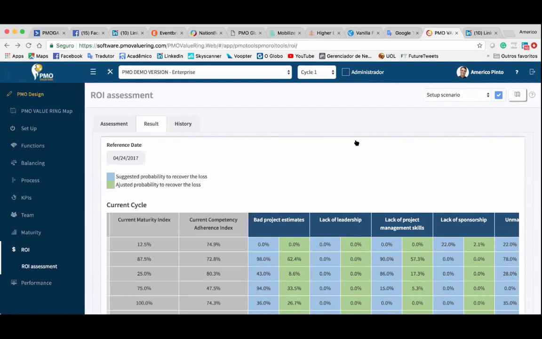Mohammed, can you repeat the definition of strategic compared to tactical? Yes, strategic functions are every function related to some strategic aspect, for example, portfolio or benefit management, or related to the upper management level, like providing advice to the executive level.